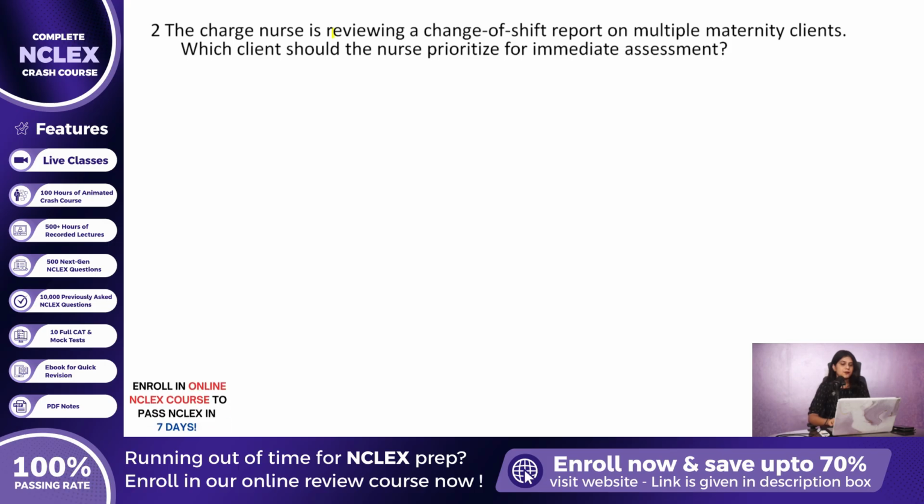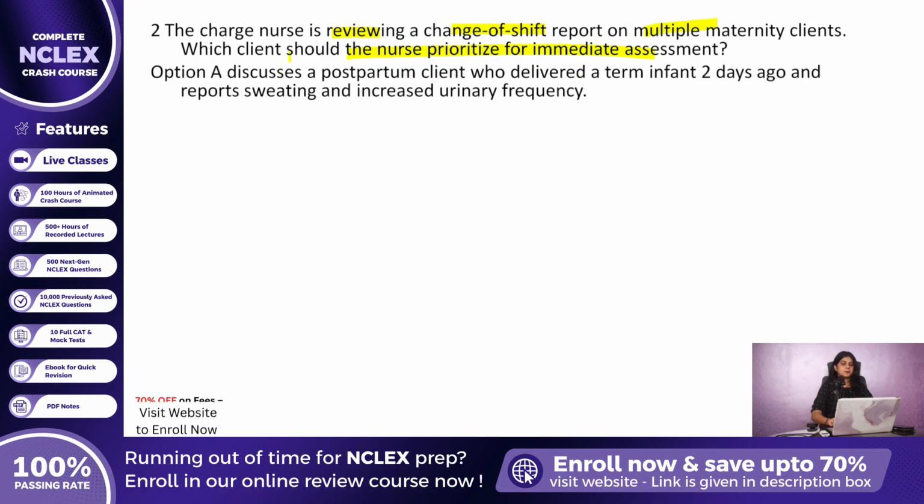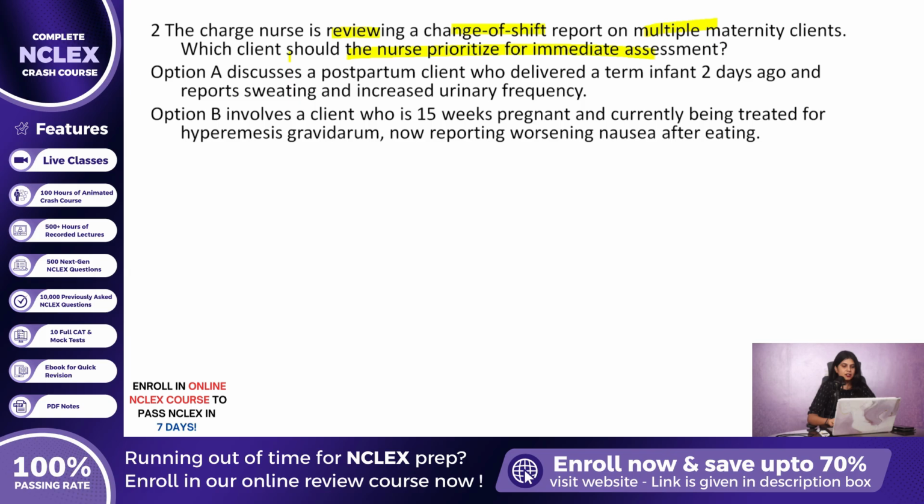The charge nurse is reviewing a change of shift report on multiple maternity clients. Which client should the nurse prioritize for immediate assessment? The options are as follows. Option A discusses a postpartum client who delivered a term infant 2 days ago and reports sweating and increased urinary frequency. Option B involves a client who is 15 weeks pregnant and currently being treated for hyperemesis gravidarum, now reporting worsening nausea after eating.